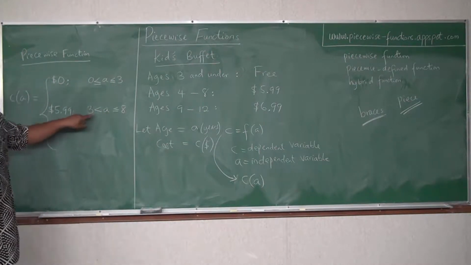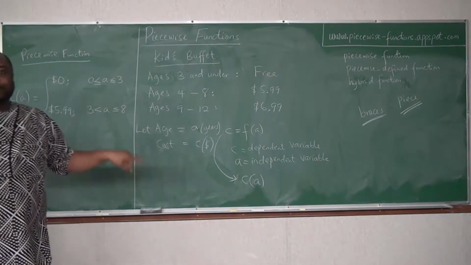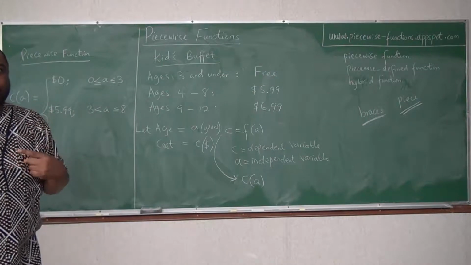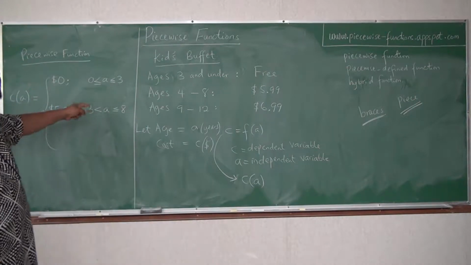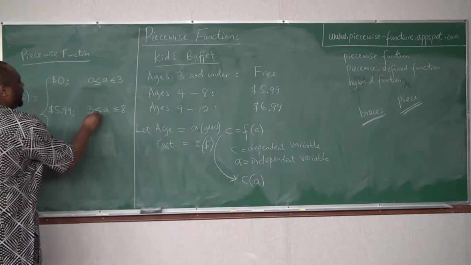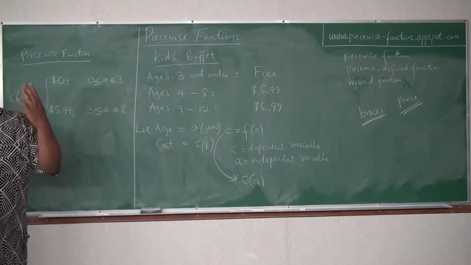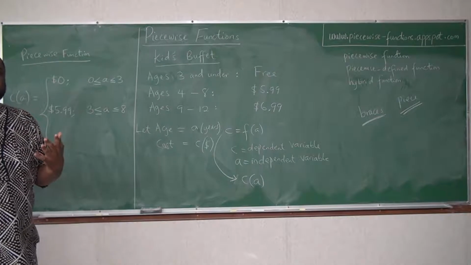Now, remember I said that the domains should not overlap. Because if you come here and put 3 is less than or equal to, then the computer program would be confused.